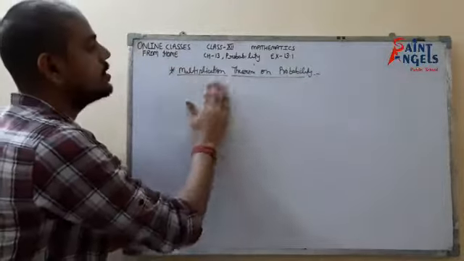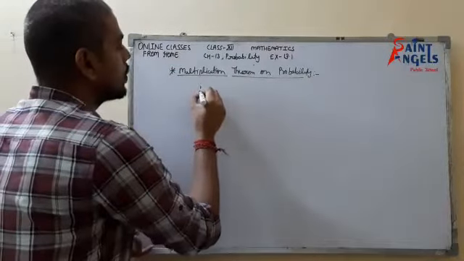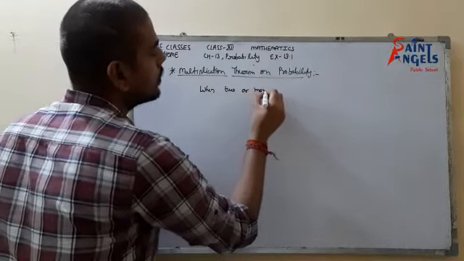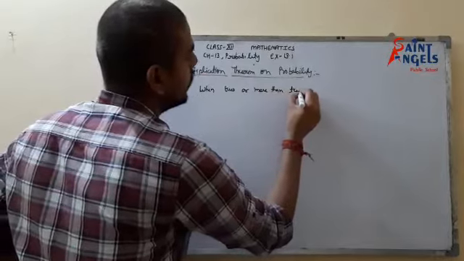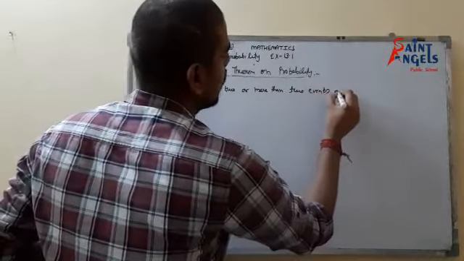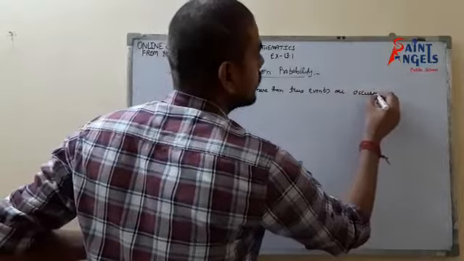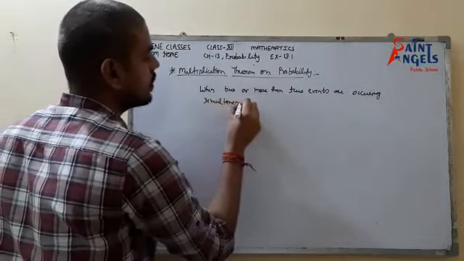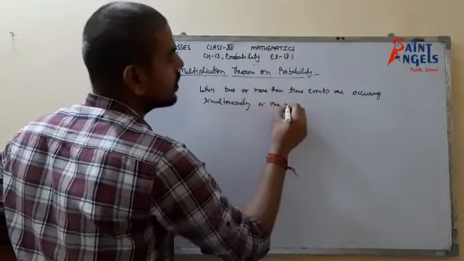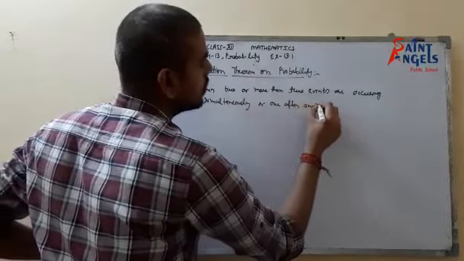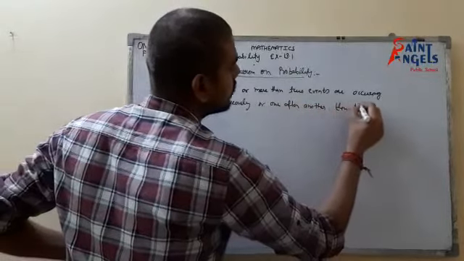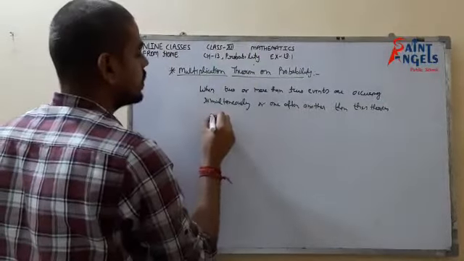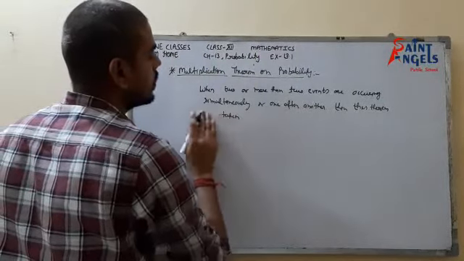So this concept says when two or more than two events are occurring simultaneously or one after another, then this theorem takes place.